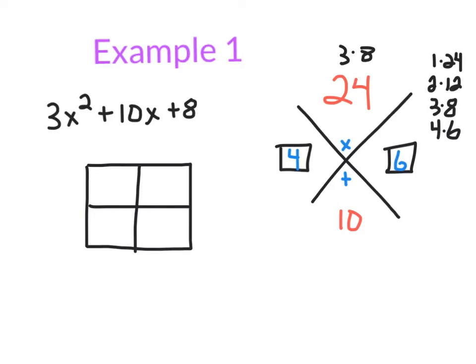In this box method, in the top left, you're actually going to put the 3x squared from the original trinomial. So we have 3x squared. And then in the bottom right-hand corner, you're going to put the actual C, which is 8. So we'll put 8 there.